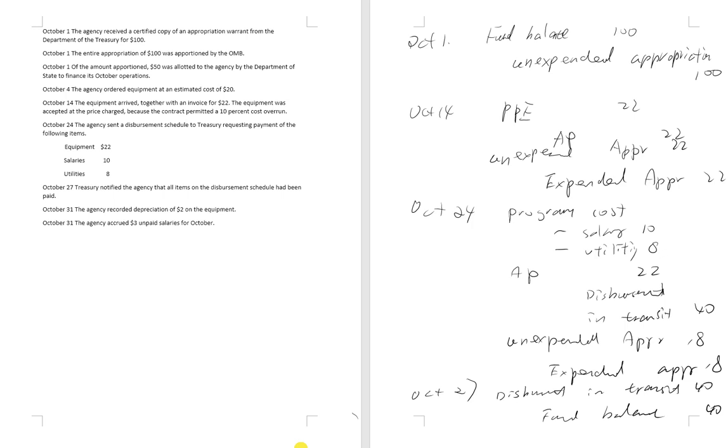The $2 is an expense, a program expense, depreciation. Debit program cost, depreciation, $2, and credit accumulated depreciation, $2. That's October 31st.